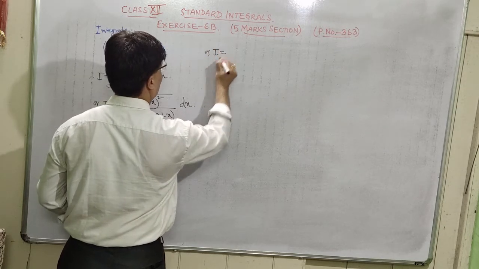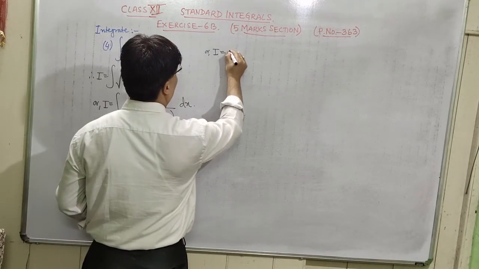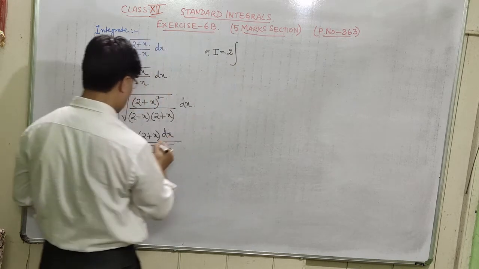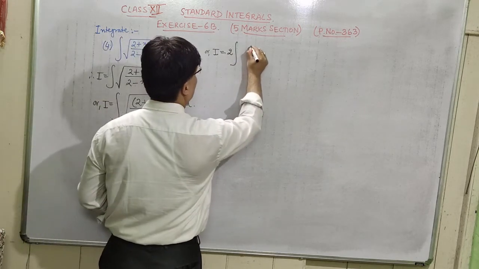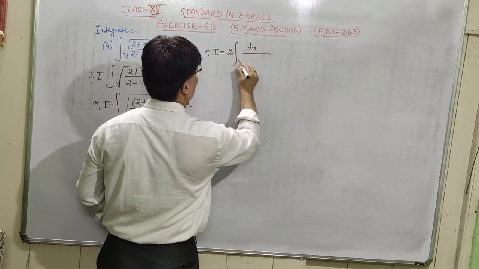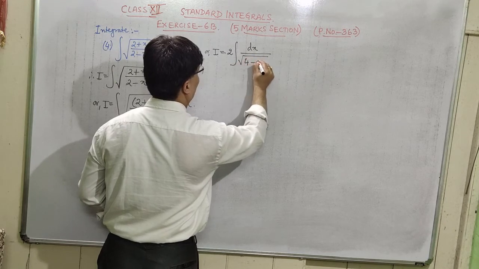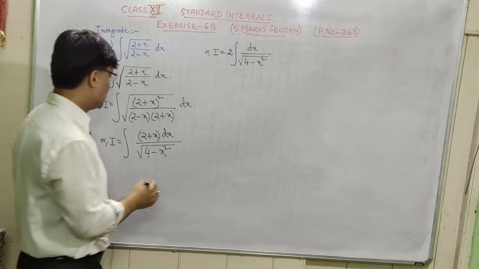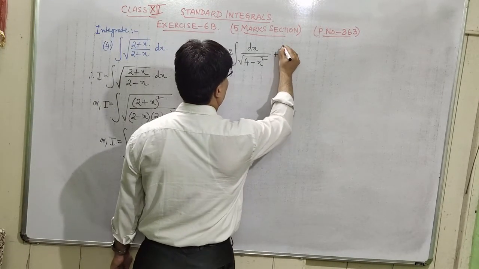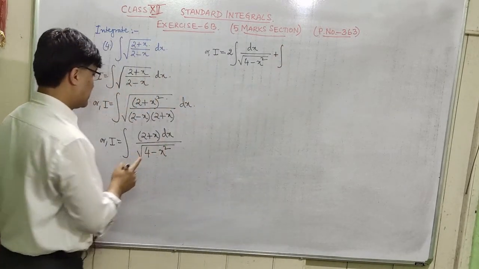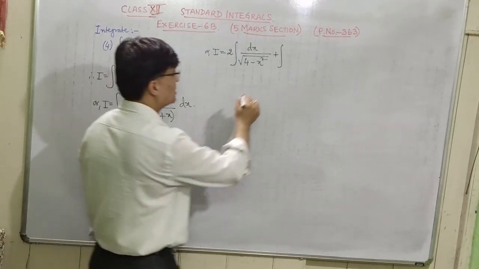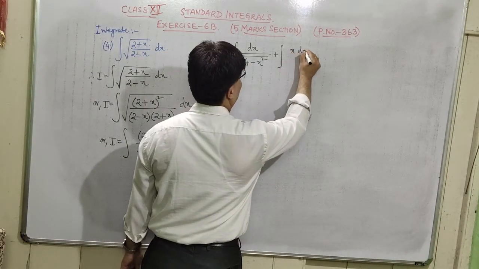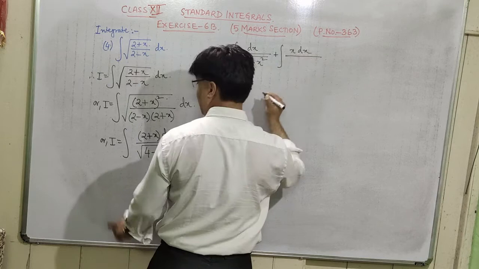Or I is equal to, here 2 is a constant, it is taken outside, 2 integration of dx divided by root over 4 minus x square. Is it clear? Next, plus integration of x dx divided by root over 4 minus x square. So the fraction and both the integral sign and dx are separated.